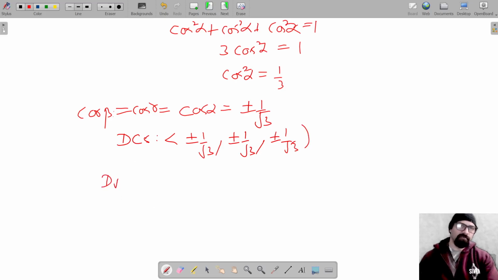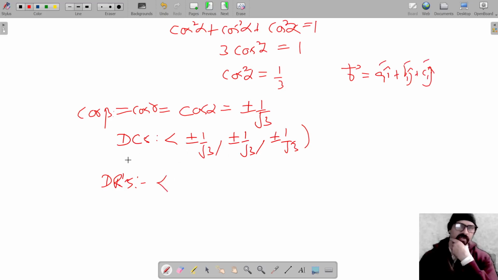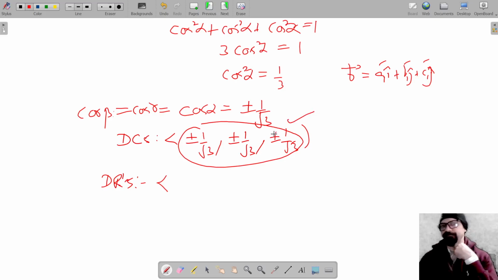Now let's find the direction ratios, because b vector is a1 i cap plus b1 j cap plus c1 k cap, where a1, b1 and c1 are the direction ratios. The direction ratios are multiples of the direction cosines, so if we multiply them with any number we get direction ratios. I'm going to multiply by root 3, which gives 1, 1, 1 to make it simple.